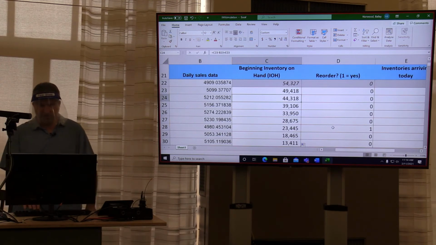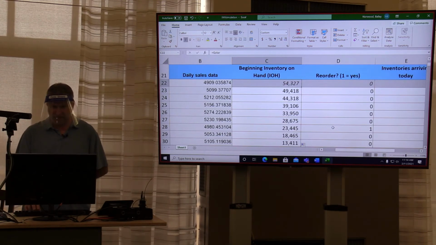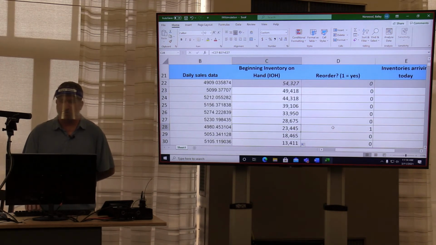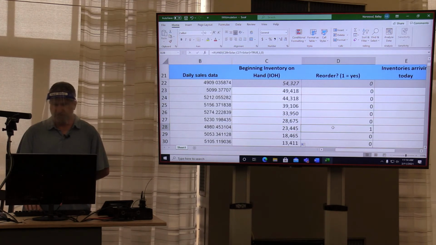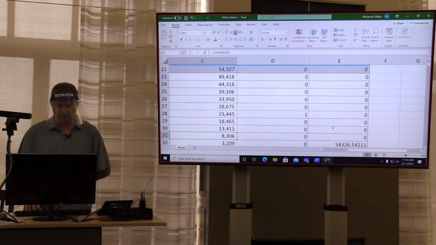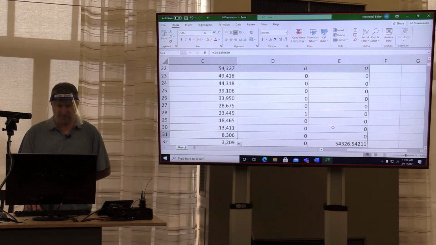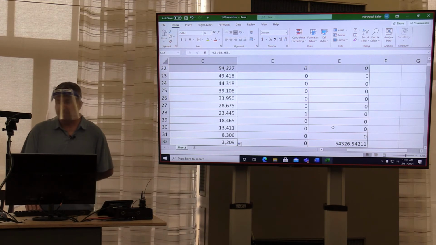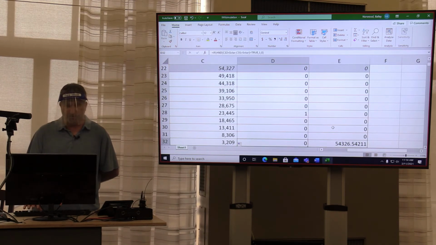And let's see how it's looking. So we start off with 54,000. Every day we draw it down. From this day to the next, we cross that S star threshold. We have to place a new order. And until it arrives, we keep drawing down our inventory. On this 5th day, we're only down to 3,000 units, but sometime on that day, new units arrive.